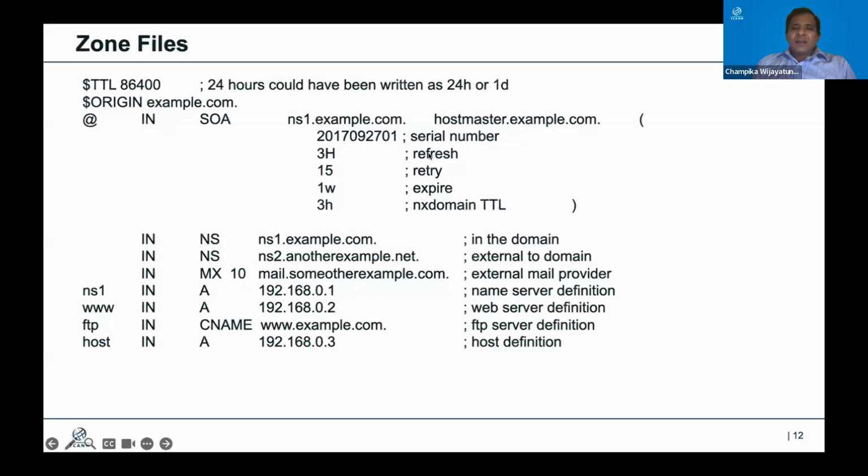So you'll see this value called the refresh value. That means from time to time, you will come and check me, right? And in case I'm down, you will do some retrying, okay? And you can do this retrying until some expiry, until a certain period of time. So like this, we can define these values to maintain consistency between the primary and the secondary, okay?